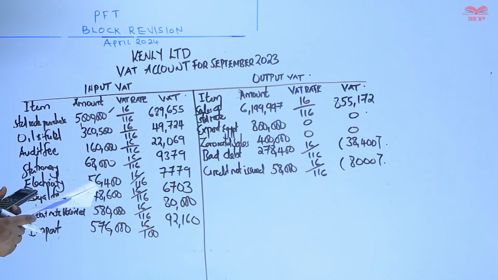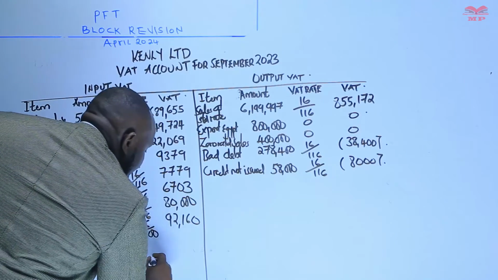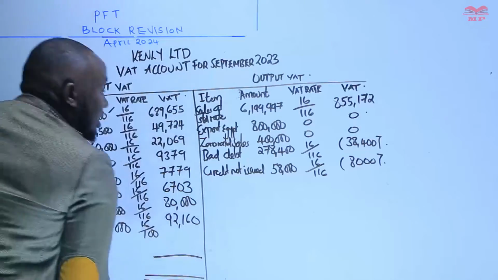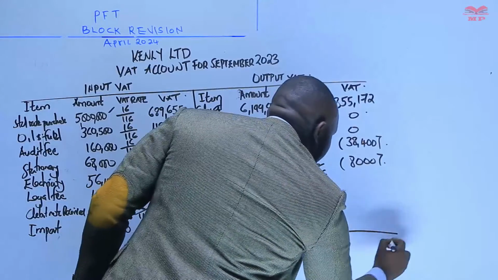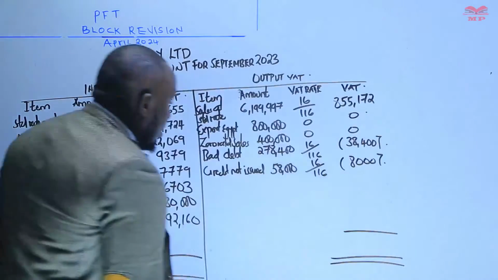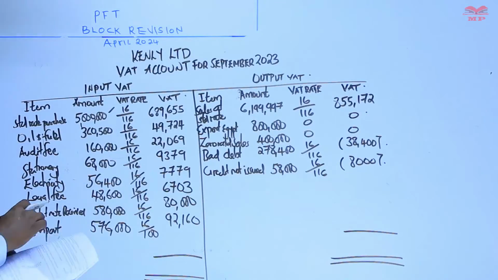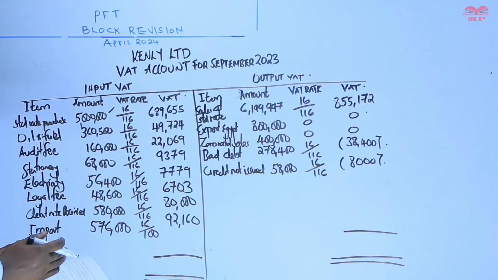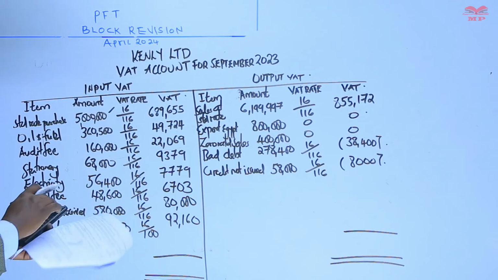So repairs of furniture was carried out by local carpenter. We can't claim. So we get the balancing figure in order to get whether we have a VAT refund or VAT payable. We get the input side and the output side. Automatically, the input side is bigger.